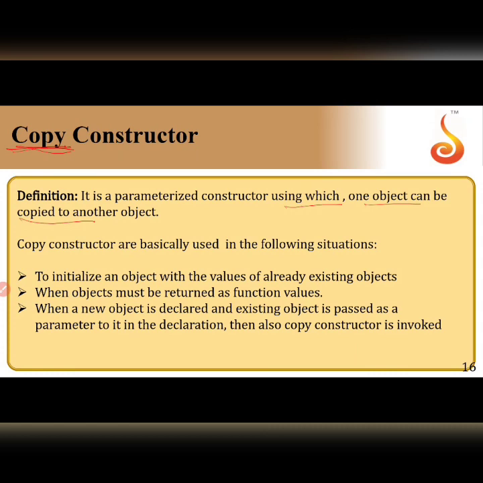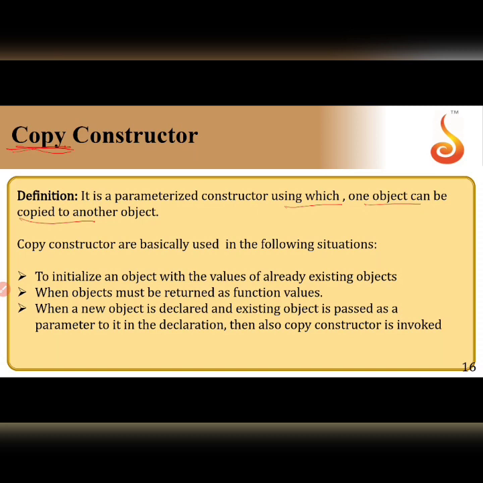In other words, the copy constructor is a constructor which creates an object by initializing it with an object of the same class which has been previously created. Initializing means giving an initial value, right? So you can create an object and initialize it to another object, that is, it will have the same values as another object at the time of creation, provided they are of the same class.